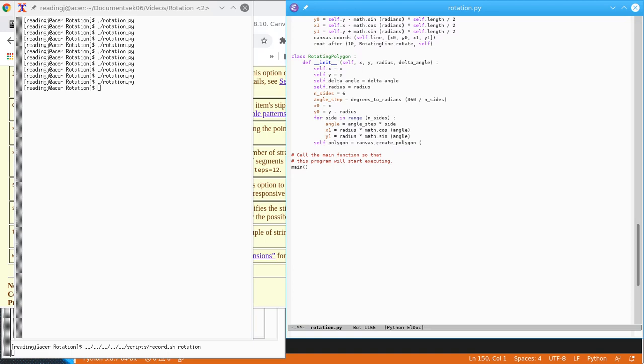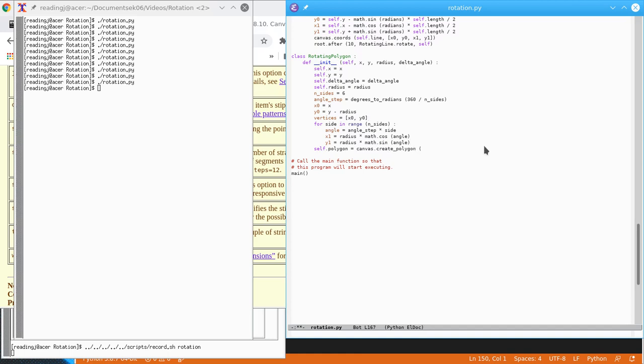Oh, that's why I have to create the polygon all at once. So vertices equals x0, y0. That's okay. That's what I was missing here.